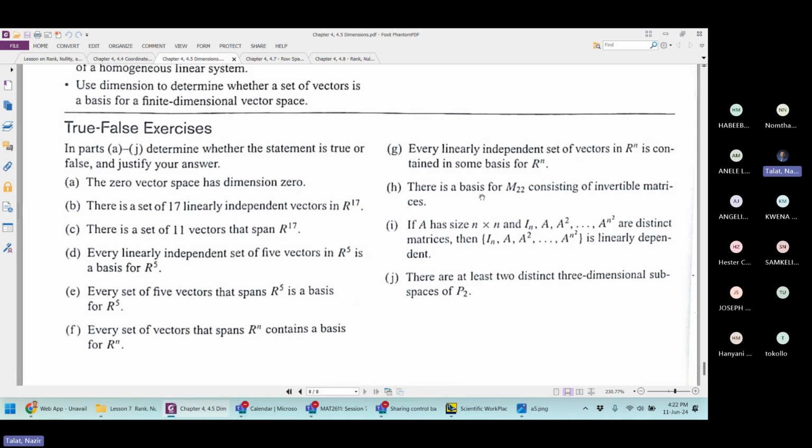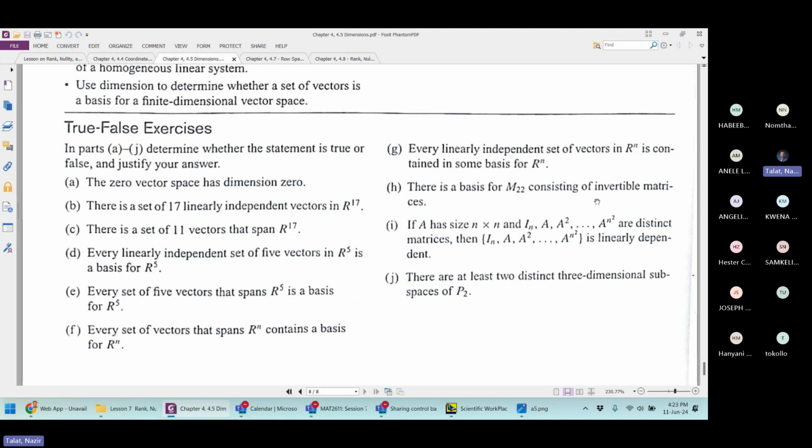There is a basis for M2x2 matrices, whose dimension is 4, consisting of invertible matrices. In a basis set, the vectors must be linearly independent, but it's not always invertible, because M2x2 contains matrices like the zero matrix of two rows and two columns, which is not invertible.